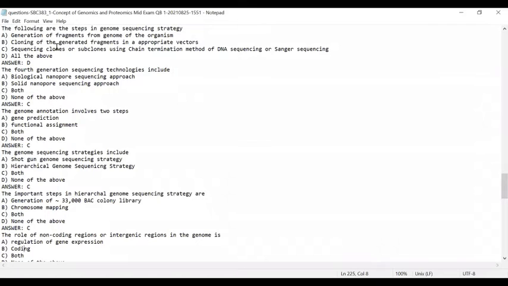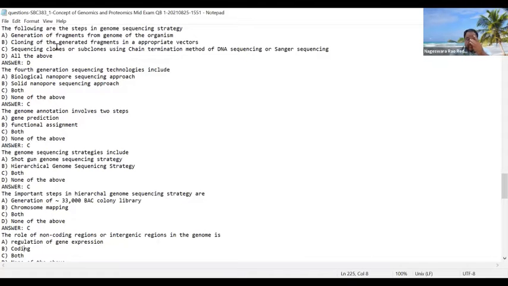All of the above, sir. So the first step is to generate fragments of the genome. Then we clone these fragments in vectors. Then we sequence these clones. These are the steps.